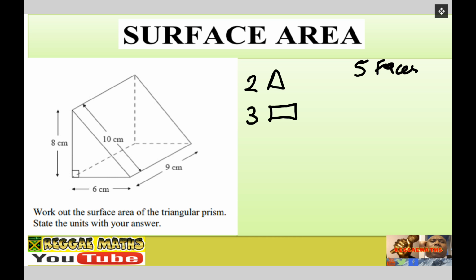The focus here is working out the area. I'm going to say triangle 1, triangle 2, then rectangle 1, rectangle 2, rectangle 3, and then we got our total.